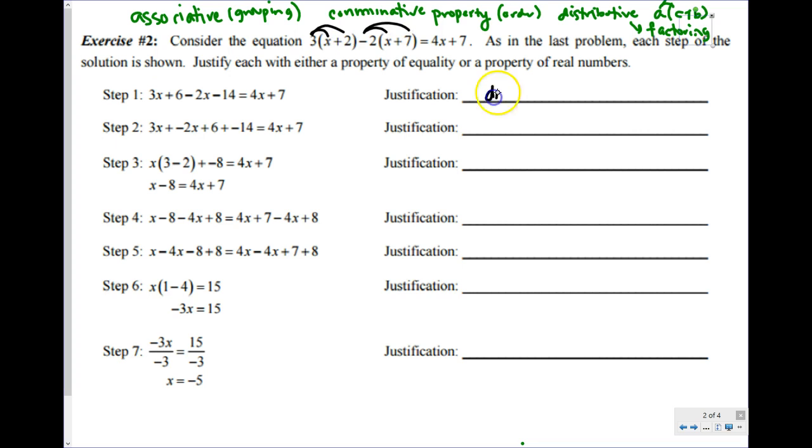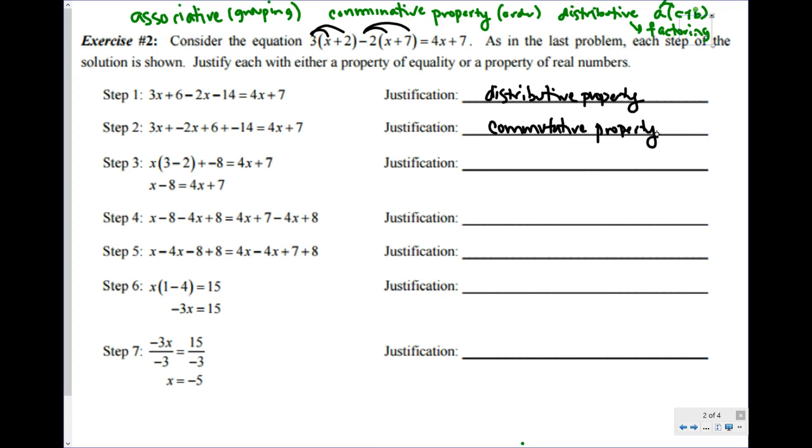So this would be the distributive property. The next step, it looks like they rearranged the terms. See how they switched the negative 2x and the 6? Rearranging is that commutative property, where order doesn't matter.